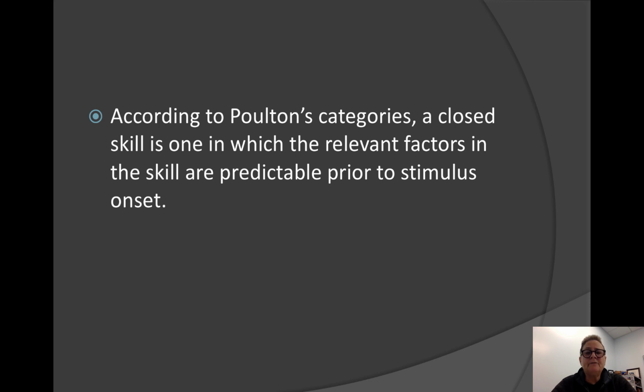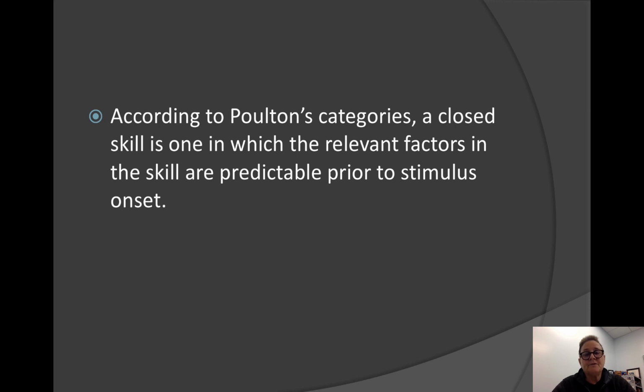The relevant or regulatory factors related to the pitch in baseball are unknown to the batter until the ball is released from the pitcher's hand and the batter can pick up information about the ball and, again, its movement direction, its movement speed, its spin, and so forth.